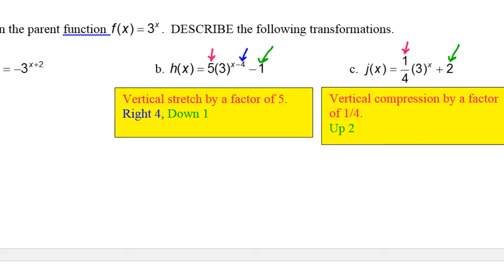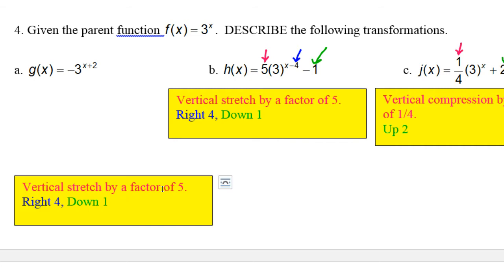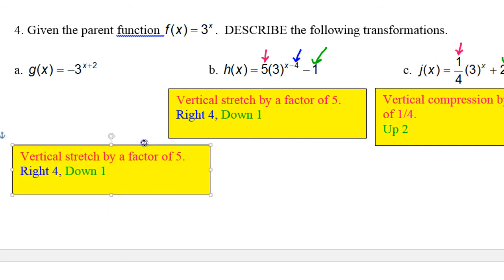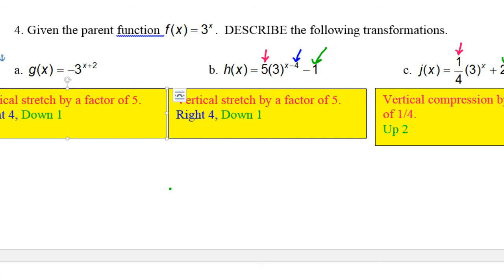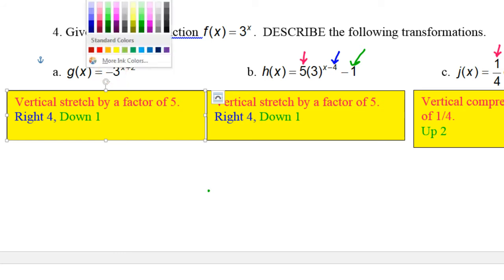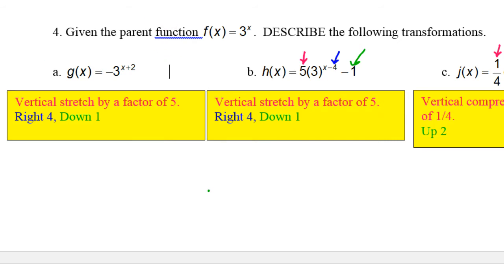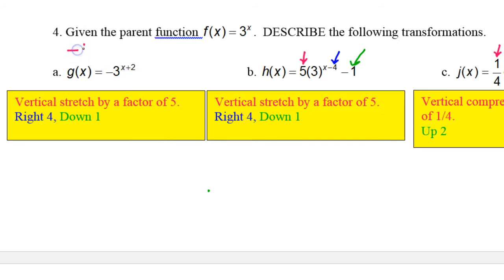Now, let's go back and take a look at A. Now I have this negative sign here, which is sort of like having negative 1 times 3 to the x plus 2 power.